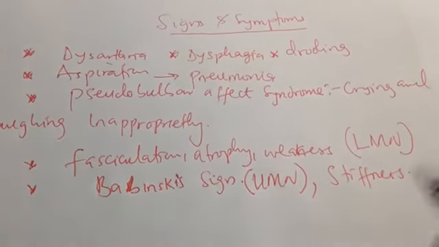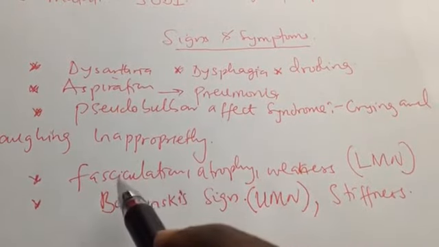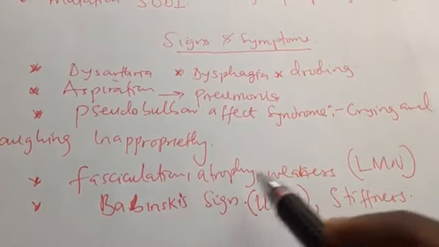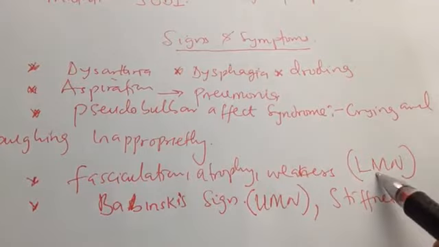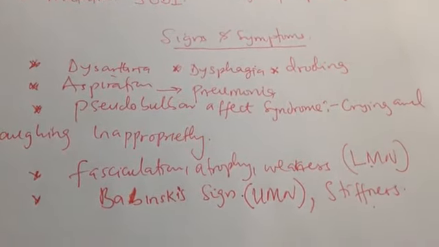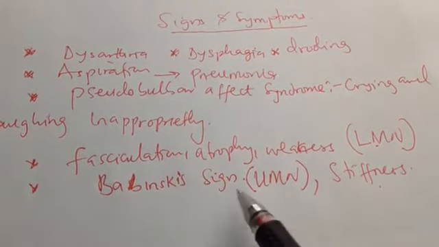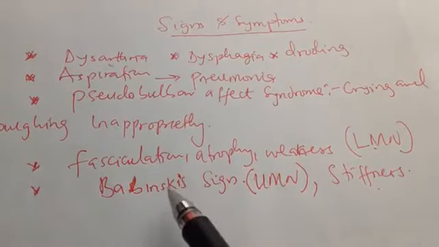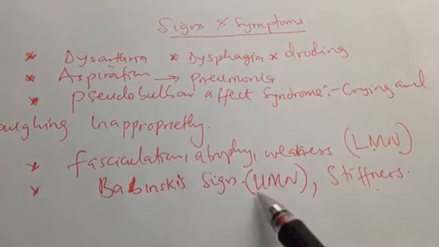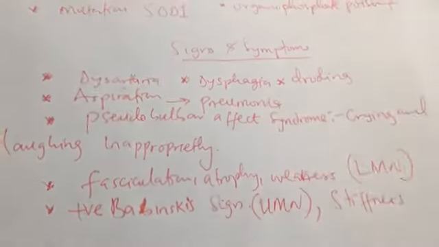So in the muscle groups that are affected, the patient will have fasciculation, atrophy and weakness, which are signs of lower motor neuron damage. And then in the same muscle group, we are going to have stiffness. And when you carry out the Babinski test, the patient will show a positive Babinski sign, actually. So that is positive Babinski sign.